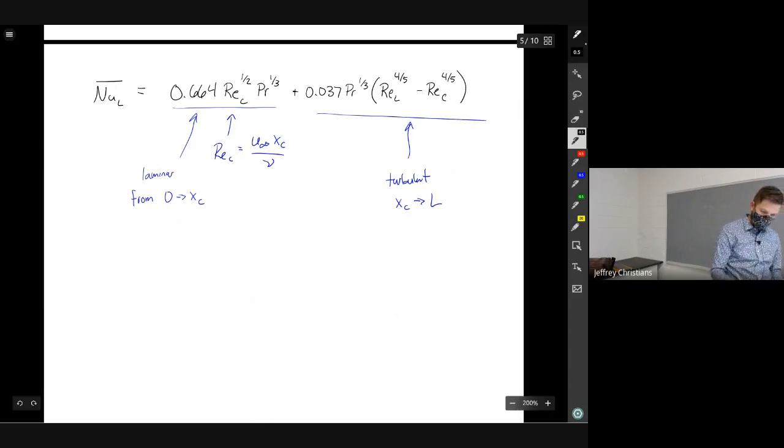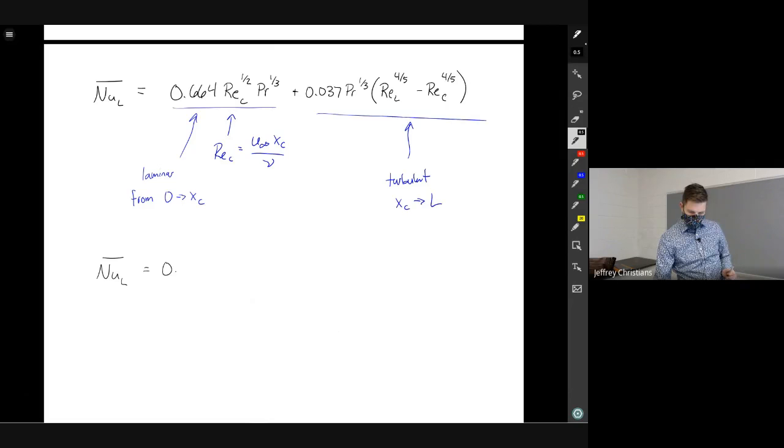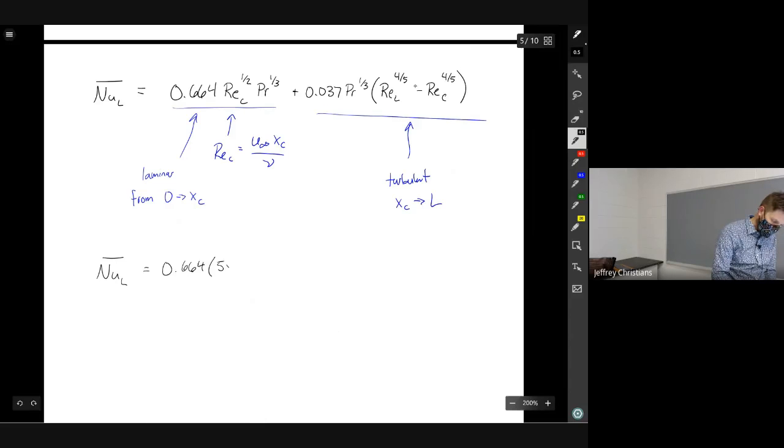So this ends up with the average Nusselt number is, look, this is times 10 to the 5 to the 1/2.